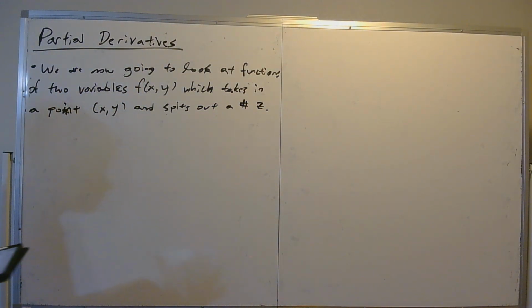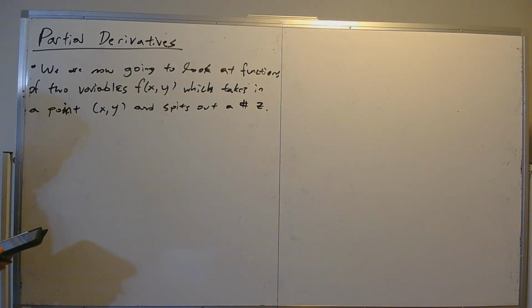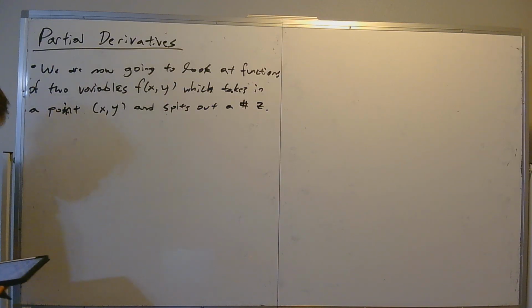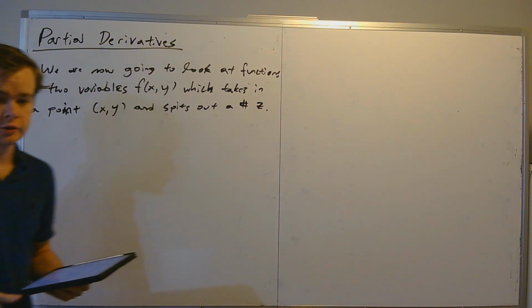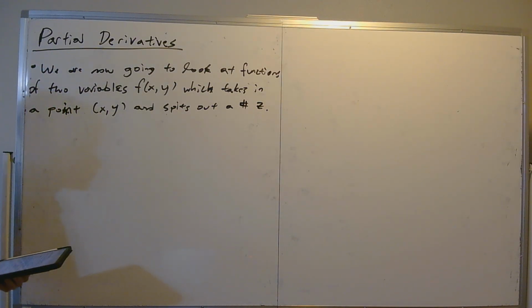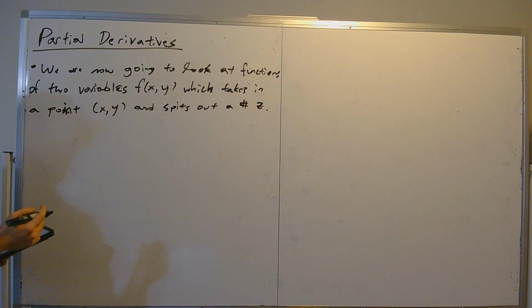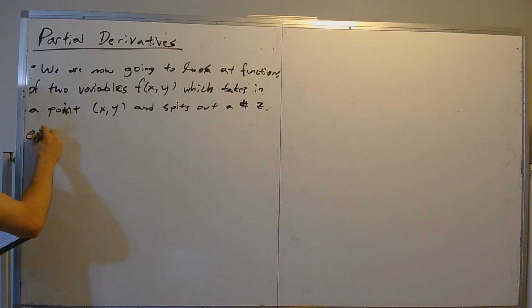So we're putting in x and y, and we're getting out z. It turns out that many real-life measurements depend on multiple variables or parameters. So let's write down an example here.